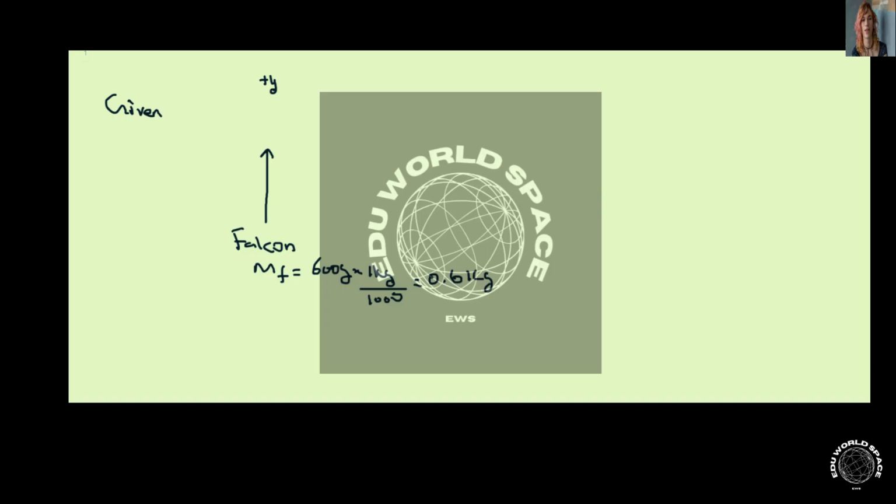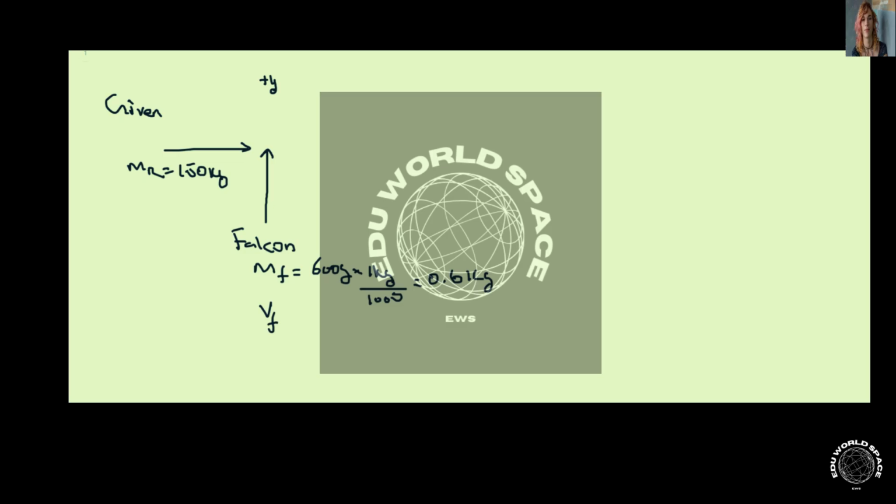And then we also have a raven that's flying this way, and the raven has a mass that happens to be 1.5 kilograms. We also have an initial velocity of the falcon.